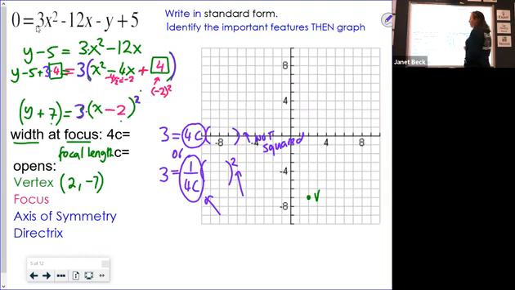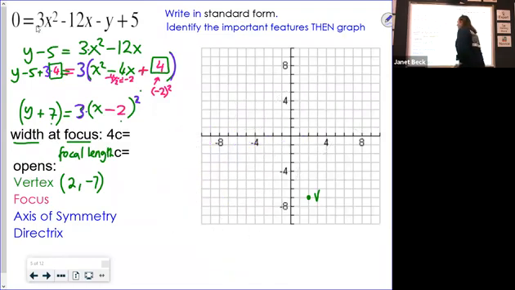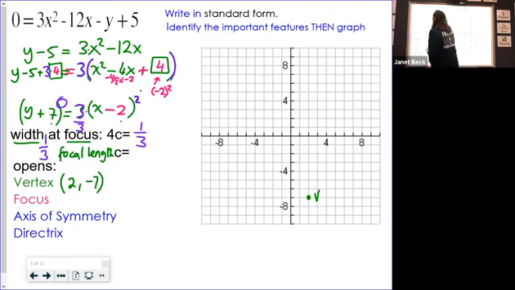That 3 is not 4c. That 3 is 1 over 4c. And it's essential that you recognize that. So if I want to make it the easy one, I'd have to divide it away to the other side. Now it's on the non-squared side, and now I know that 4c equals 1 over 3. If 4c equals 1 over 3, then I divide by 4, and c would equal 1 over 12.